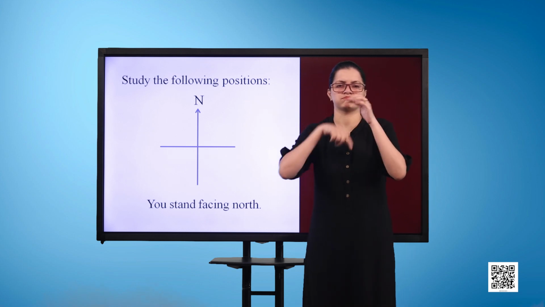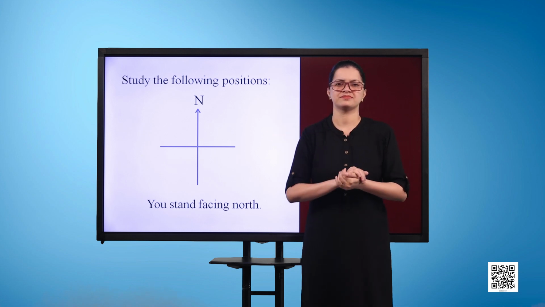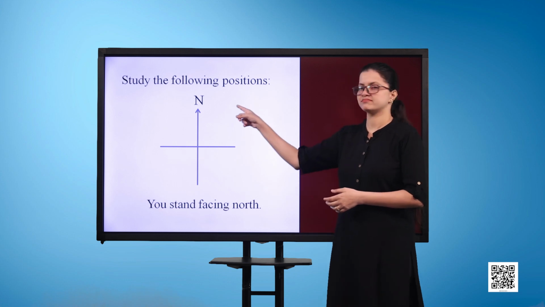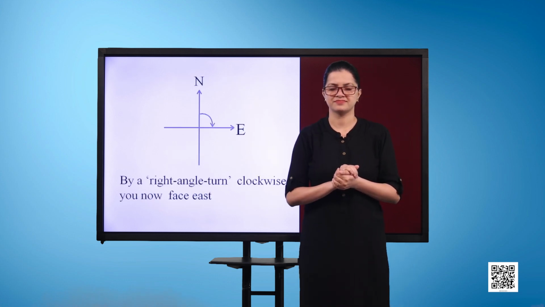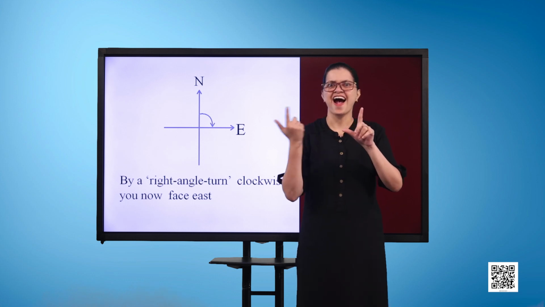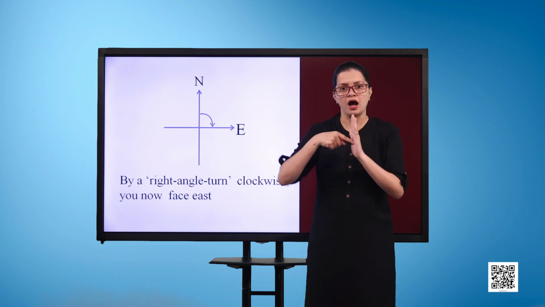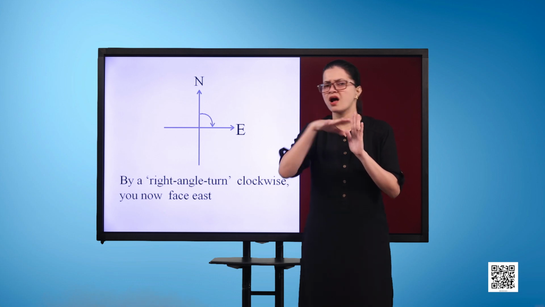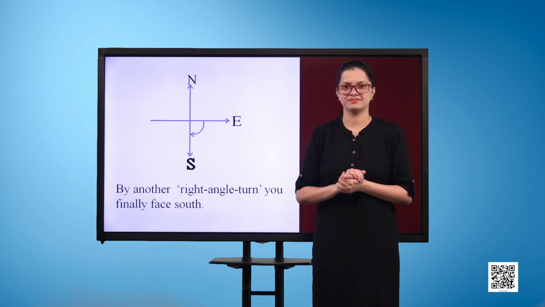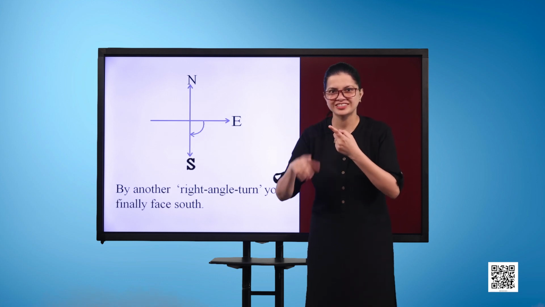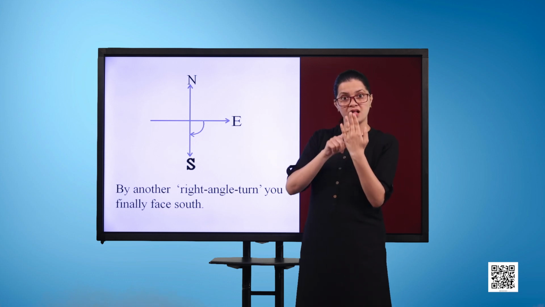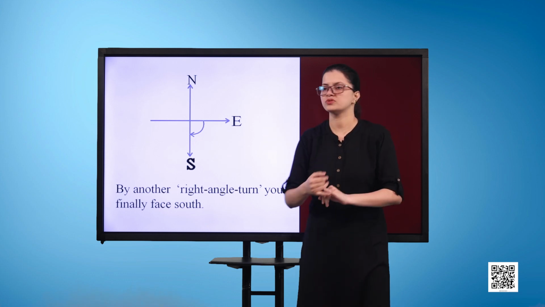Study the following positions. You stand facing north. By a right angle turn clockwise, you now face east. The fourth diagram tells us by another right angle turn, you finally face south.